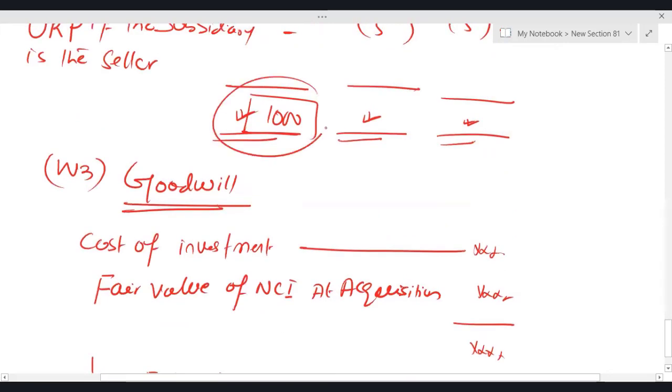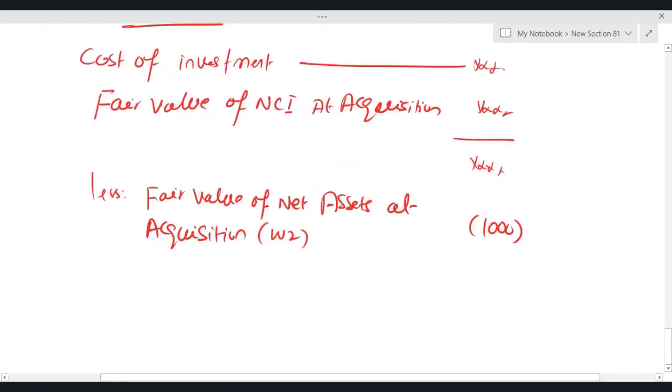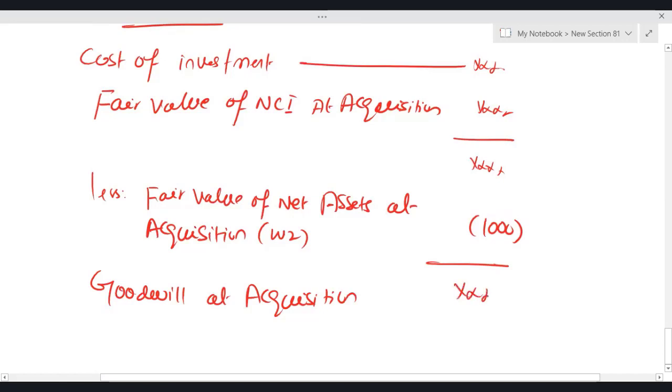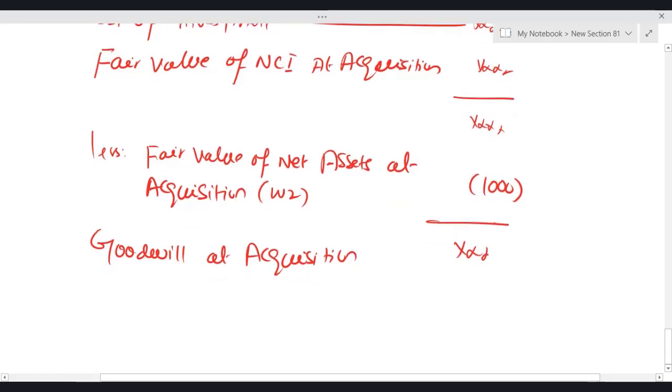Now you will have goodwill at acquisition. If there is any impairment in the goodwill, we'll deduct that impairment.